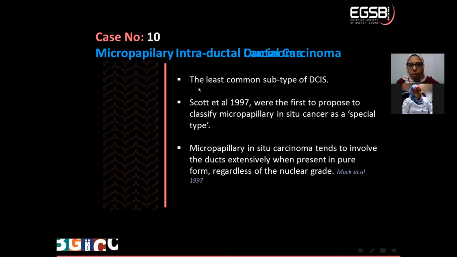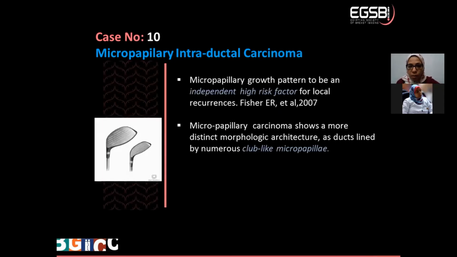And to know more about micropapillary intraductal carcinoma, it's the least common subtype of DCIS, and it was given its name in 1997 when Scott et al. suggested that it should be a special type of intraductal carcinoma to be differentiated from other types of ductal carcinoma in situ. And it also tends to involve the ducts extensively when presented in pure form, regardless of the grade.